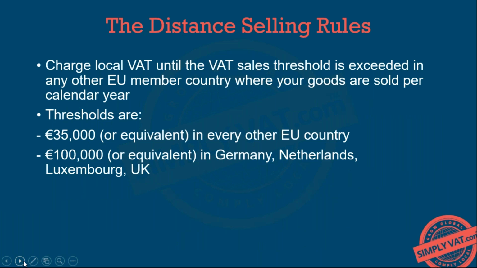So what exactly are these distance selling rules? The rules state that VAT should be locally charged until VAT registration thresholds set by each EU tax authority are exceeded in that specific country within a calendar year. In most EU countries, the threshold is set at 35,000 euros or the currency equivalent. The only other countries where it differs are Germany, Netherlands, and Luxembourg, where it's 100,000 euros.